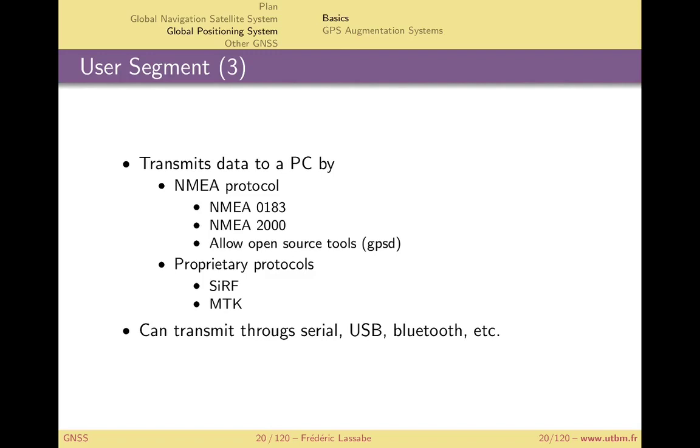So the GPS chip must transmit its data, its location, to a computer or a smartphone, either by the NMEA protocol, which is interesting because it allows open source tools such as GPSD to use its information, or through proprietary protocols such as SiRF or MTK.